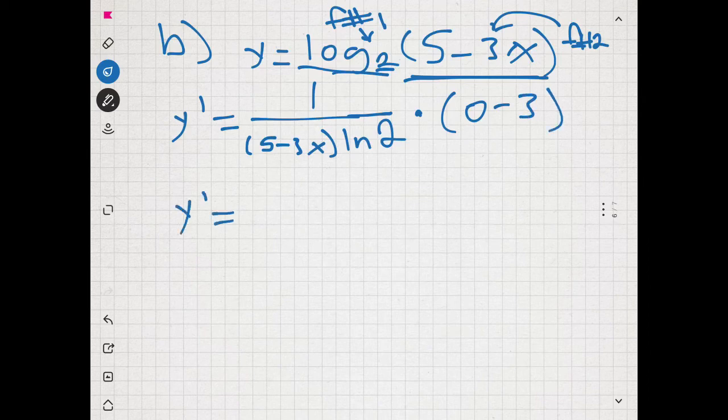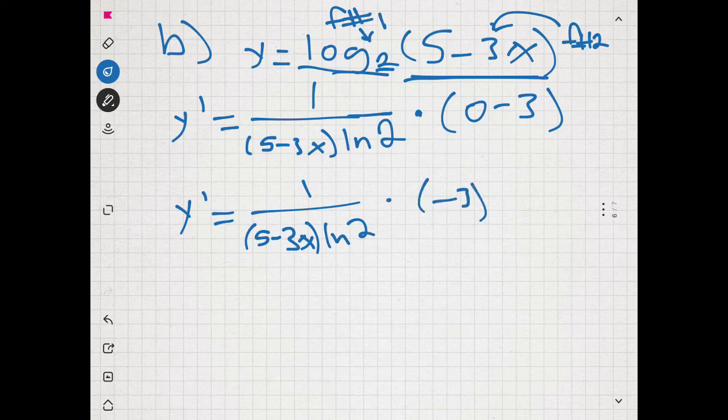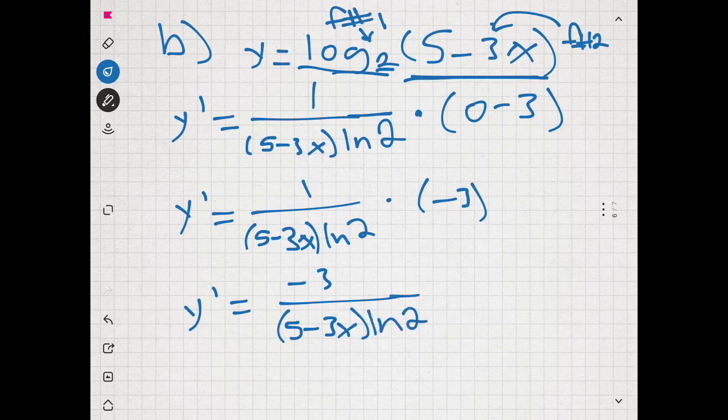Y prime then turns into 1 all over (5 minus 3x) ln 2 times negative 3, because 0 minus 3 is just negative 3, and this turns into negative 3 all over (5 minus 3x) in brackets ln 2, right? And that is your answer.